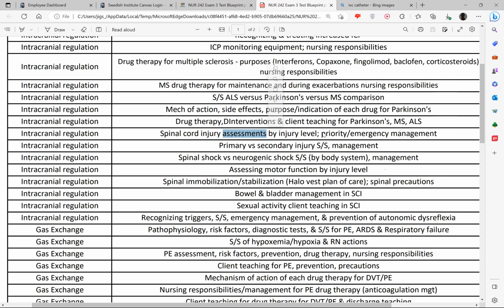Priority management would be emergency management. Initial would be ABC, correct? ABC and then stabilization of the neck. You put in a rigid collar, then you look for other injuries. So it was a paragraph for emergency management.